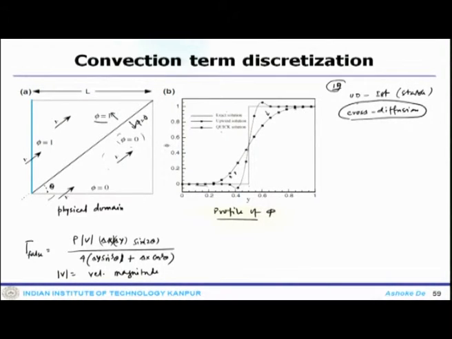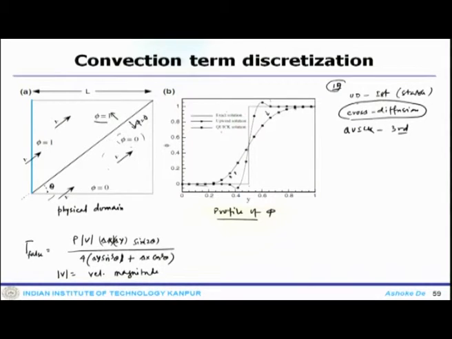Now, the error can be reduced by using a higher order interpolation scheme, which we have also demonstrated, like QUICK. QUICK is a third order scheme. So, we have also obtained the discretization using the QUICK scheme. Now, the QUICK scheme profile, if you see, is quite close to the exact profile.